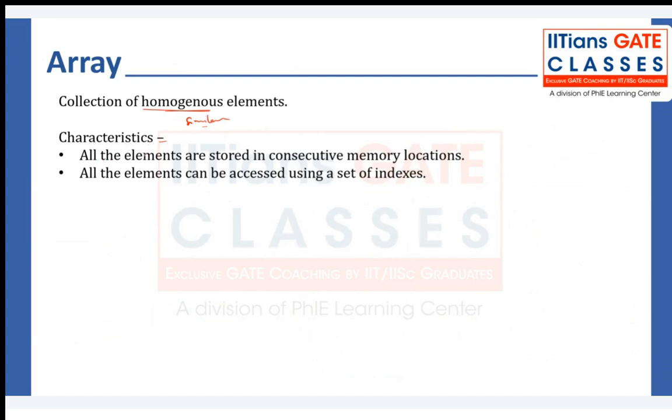So the characteristics are, first, all the elements are stored in consecutive memory locations. Suppose this is your memory, and these are your addresses. What does the characteristic say? That all the elements are stored in consecutive memory locations.